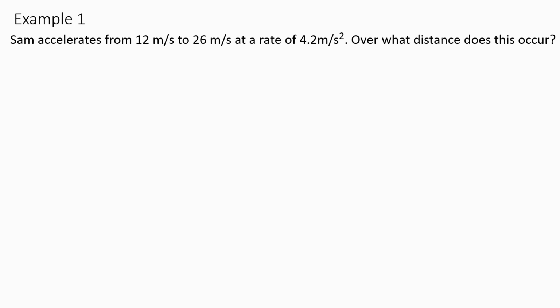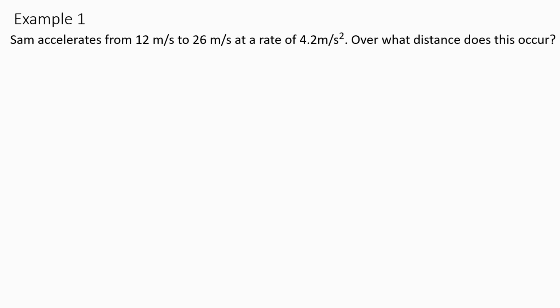So first example, Sam accelerates from 12 meter per second to 26 meter per second at a rate of 4.2 meter per second square. Over what distance does this occur? From the question, it is clear what all things are given here.